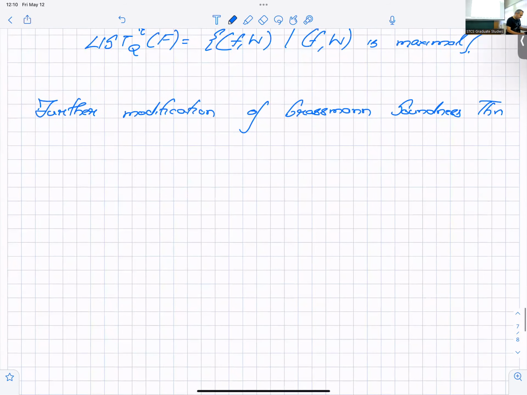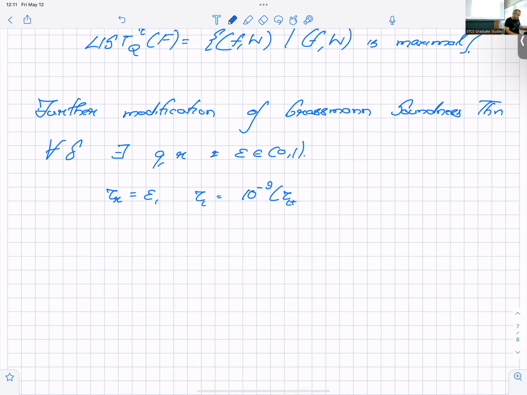Again, the same statement: for all delta, there exist constants q, r, and epsilon in (0,1), such that we set tau_r to be epsilon and tau_i to be 10^(-9) times tau_(i+1) to the power 12.